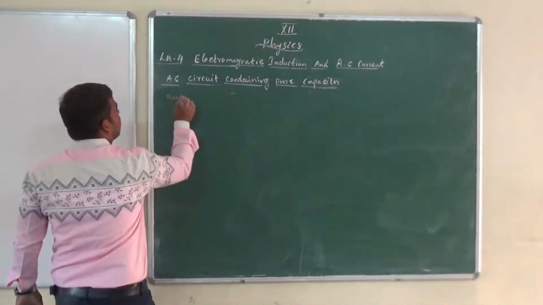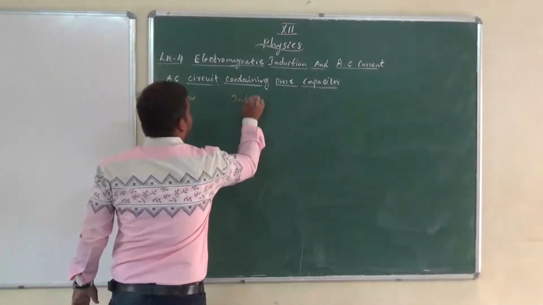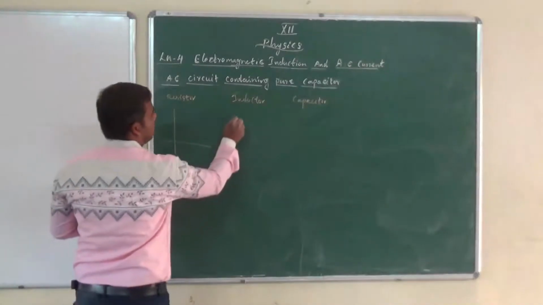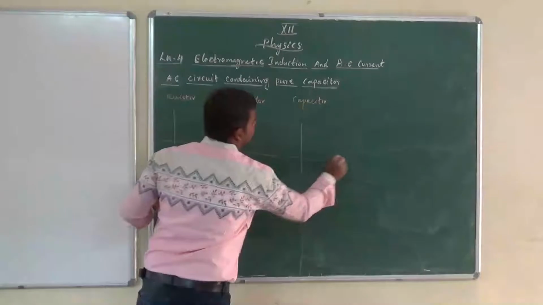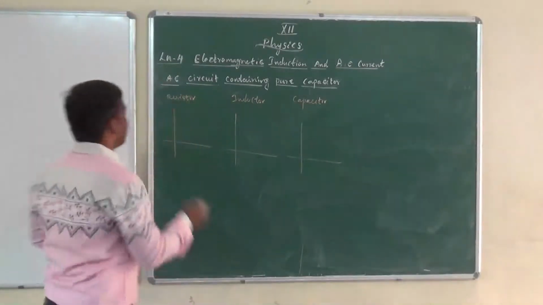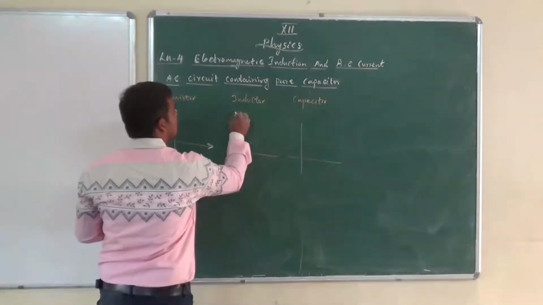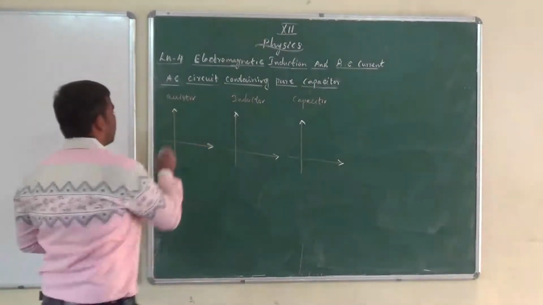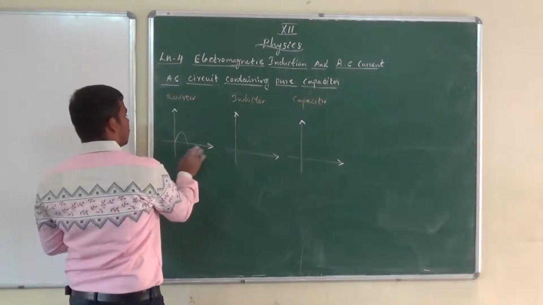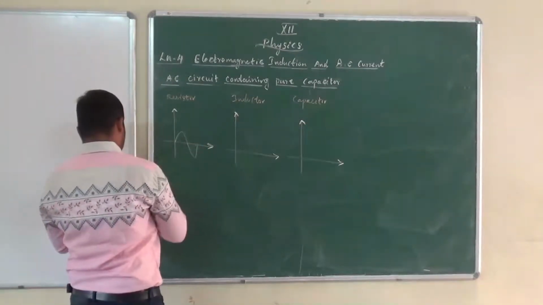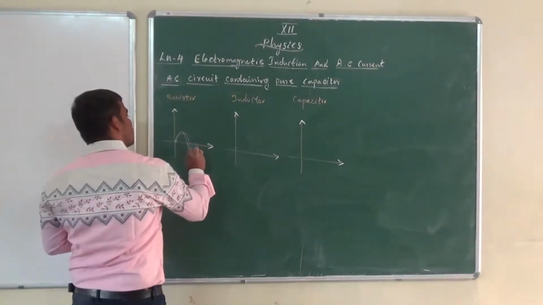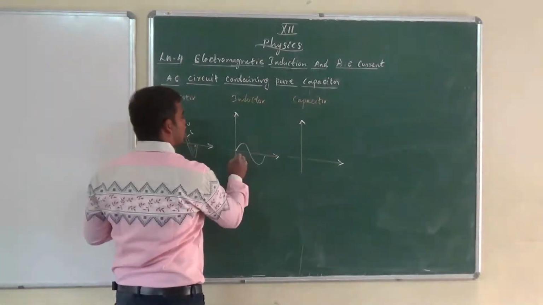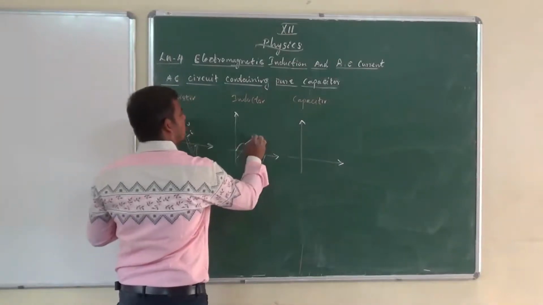Resistor AC circuit, inductor AC circuit, capacitor AC circuit. How current and voltage behave: this is voltage, this is current.